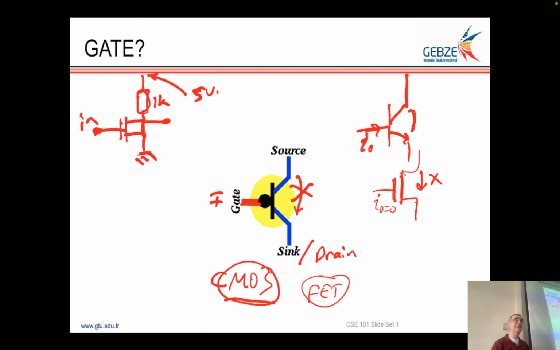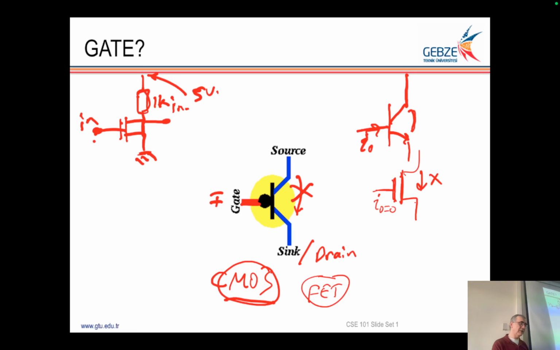Because it is connected. But there is current flowing, like say 5 volts, 1K, how much milliamps? 5 milliamperes goes through. So there is a dissipation. Power dissipation, right? The logic works, but power dissipation. This is an inverting gate, not gate.